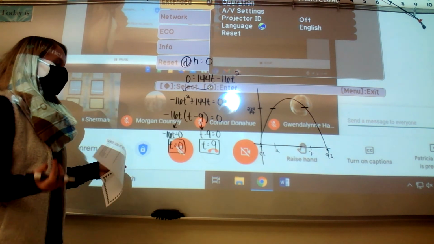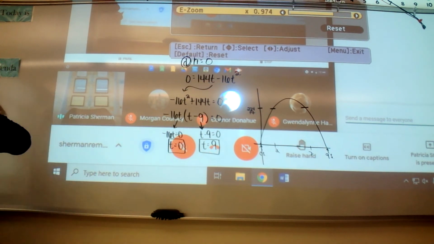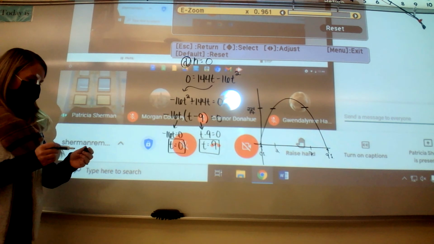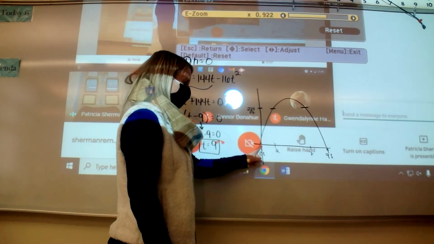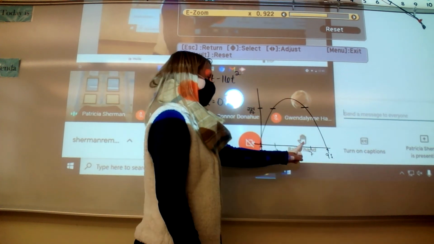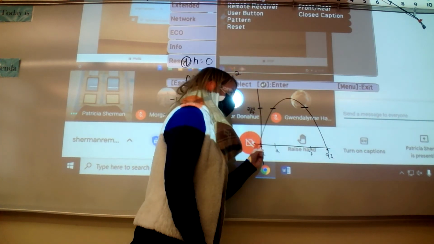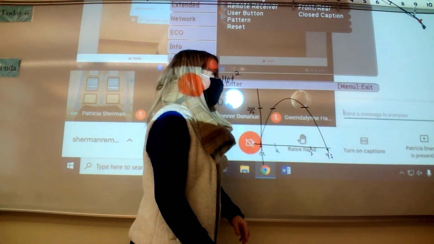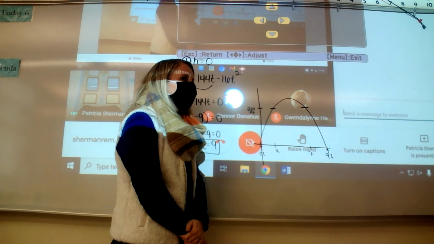So here's my question, kind of backtracking. We had skipped B, and B said, what is the maximum height? So let's think about it, guys. If it was at the ground at 0, and it was at the ground at 9, and we have a nice parabola, which is a nice symmetric shape, at what time would it hit its maximum?